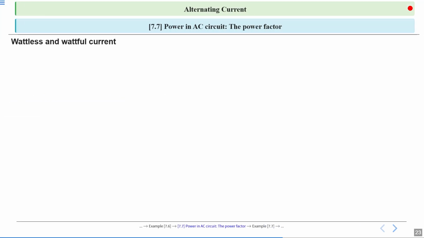So what is wattless or wattful current? Let us see. There is an IRMS current and a VRMS voltage, and the phase difference between voltage and current is phi as represented in the diagram. We will resolve the phasor of the current IRMS into two components.